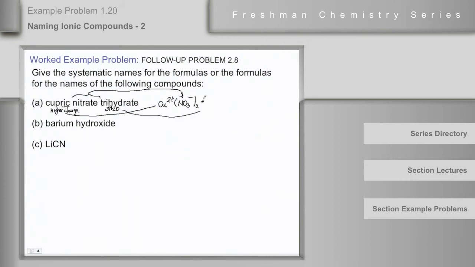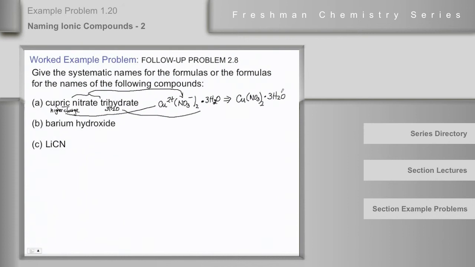So we indicate this by putting 3 and then the formula for water, which is H2O. So our overall formula will have copper, 2 nitrates, and 3 H2Os. Cupric nitrate trihydrate.